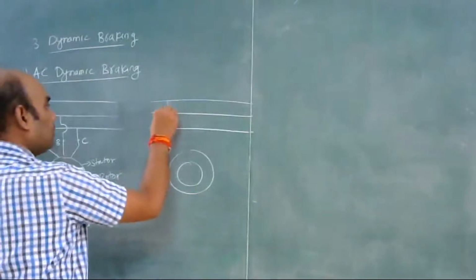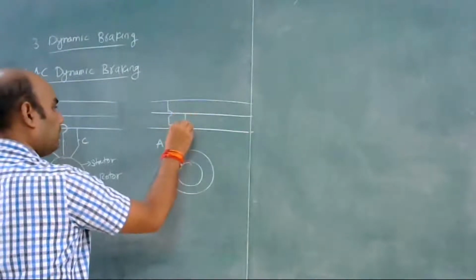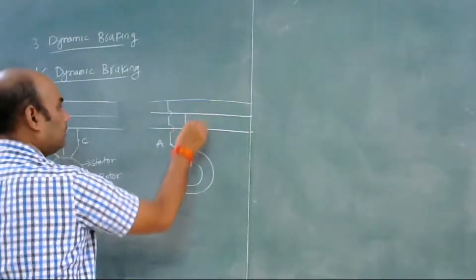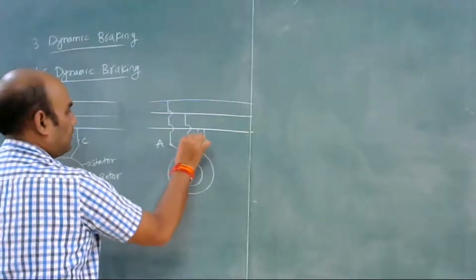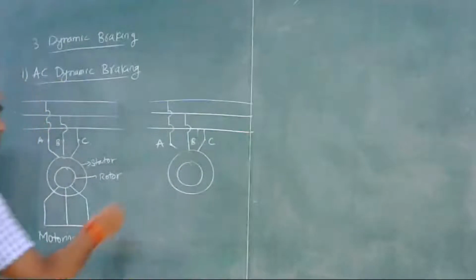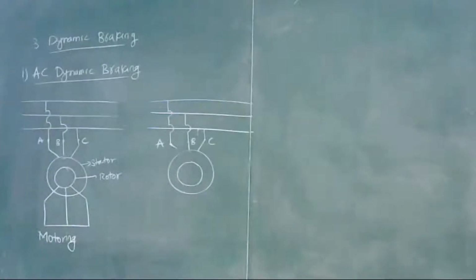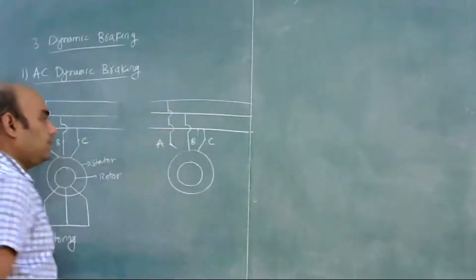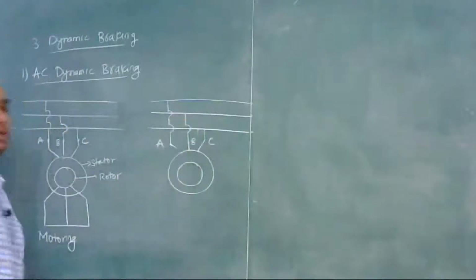Like this, we have disconnected phase A, and phases B and C are still connected to the induction motor. So phase A is open circuited.